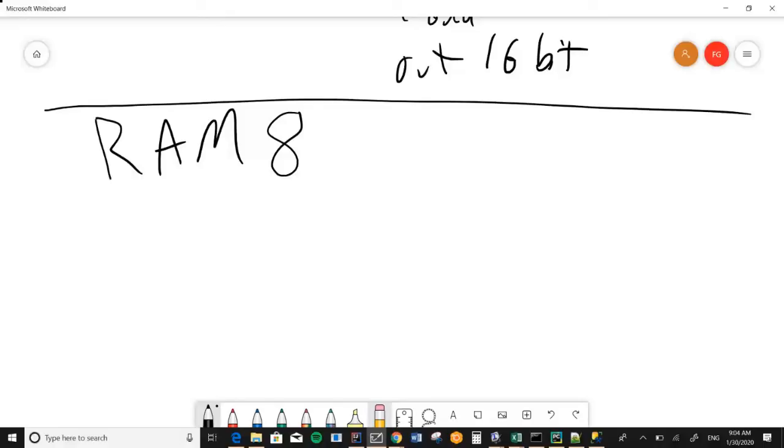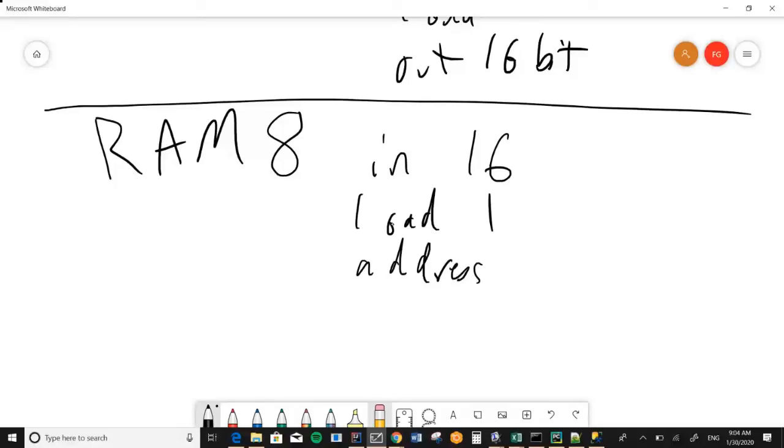It's going to have the input, which is 16. Then it's going to have load, which is just 1 bit. Then it's going to have an address bus.